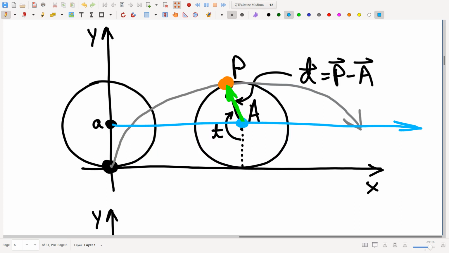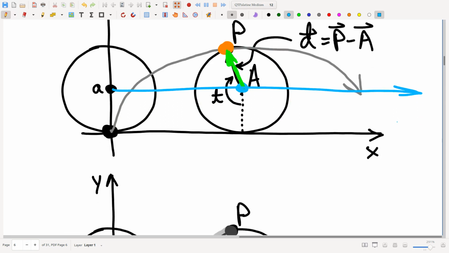Vectors don't really have position, right? I mean, the arrow that I use to represent a vector technically has a position, but vectors don't have a position. I don't need to know where this green arrow is. I only need to know which direction it points and what its magnitude is. That's all I really need. And so that green arrow is actually also pretty easy to understand.